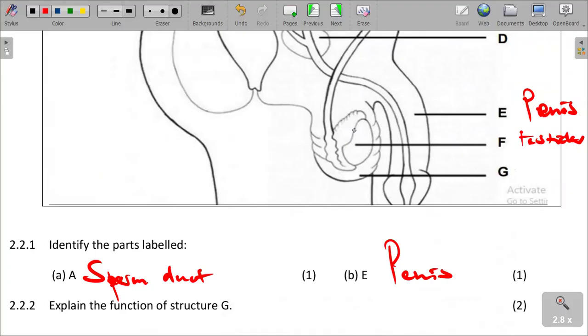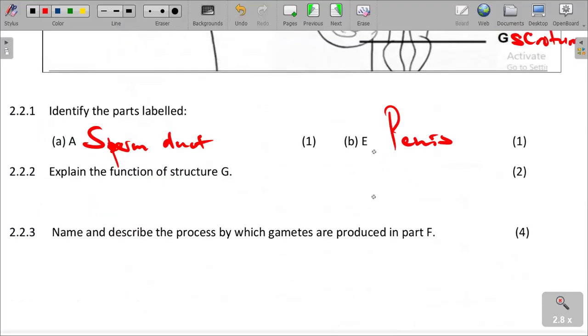The epididymis is a coiled tube that runs around, and that can be this side. But in this case, G is the scrotum. So the scrotum, as you can see here, protects the testicles.